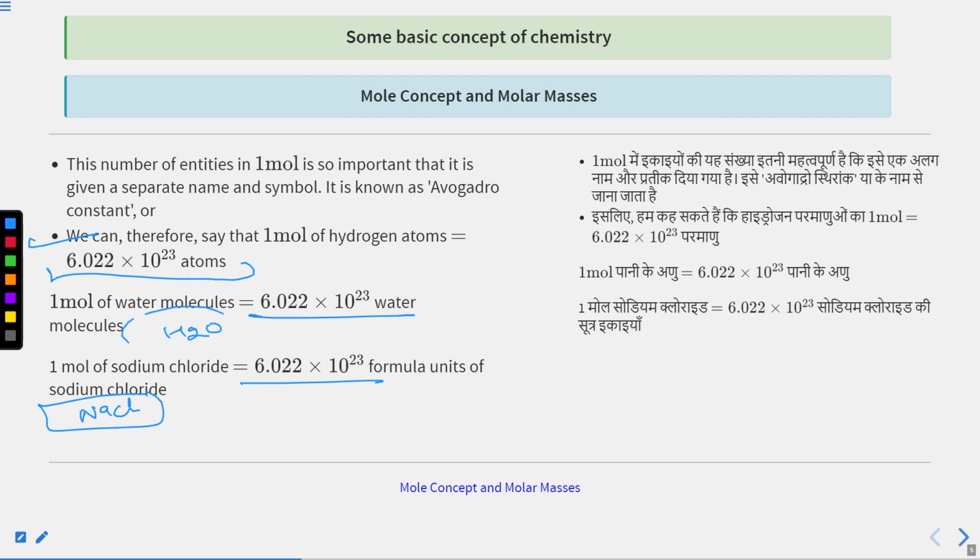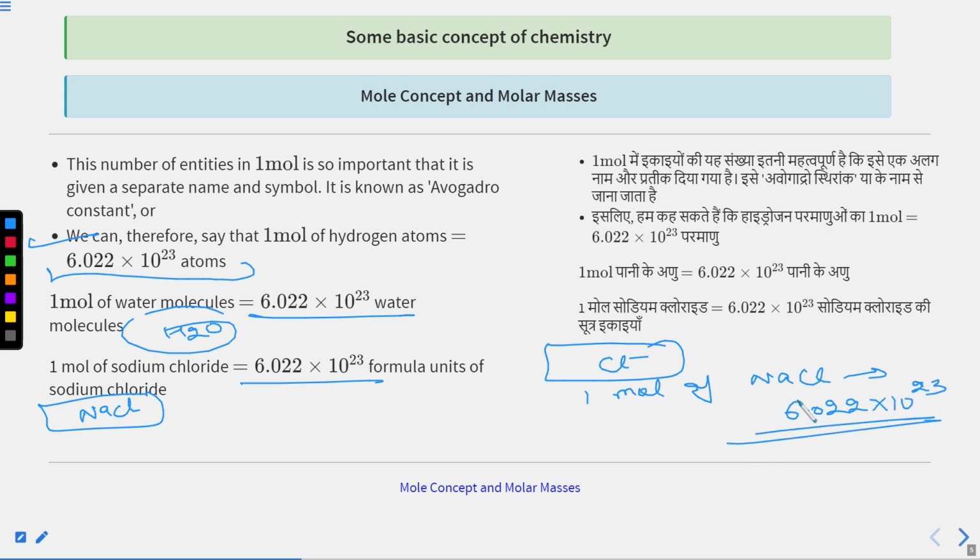So if I am saying 1 mole of sodium chloride, it means 6.022 into 10 raised to 23 formula units of NaCl. But if I am asking how many chloride ions are there in 1 mole of NaCl, we have 6.022 into 10 raised to 23 formula units of sodium chloride.